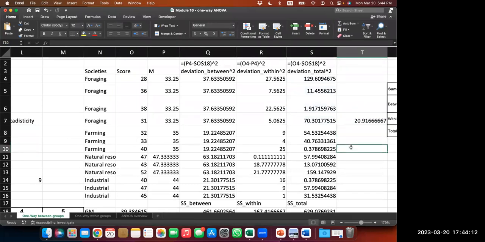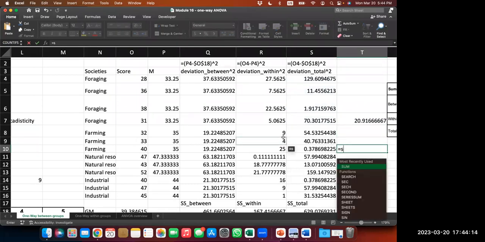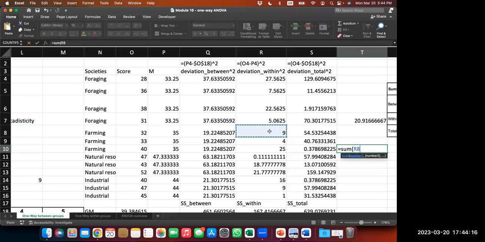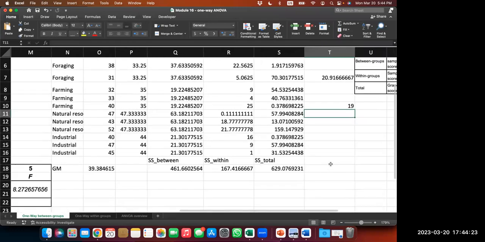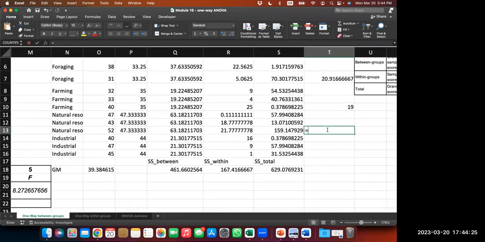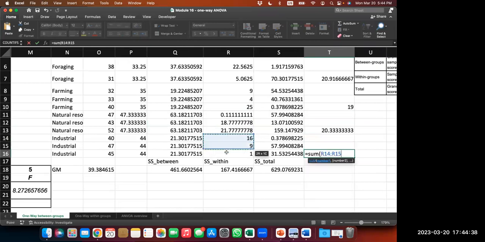Now you get the sum of these 3 divided by 2, is the sum of these 3 divided by 2, 13.